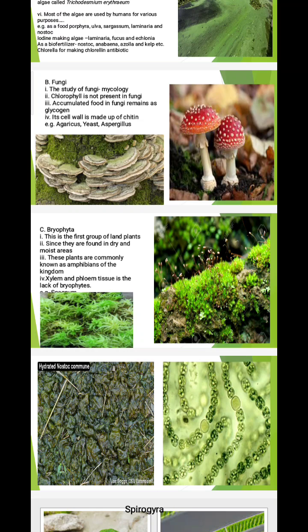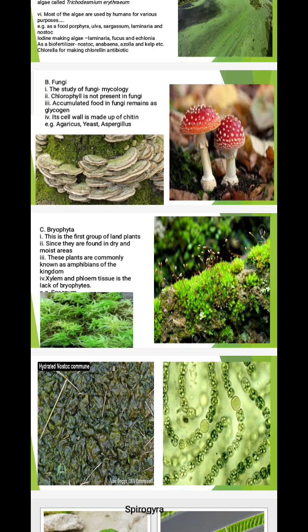This is also the first land plant, because you have to know these algae. The algae are found in water, and fungi grow on other organisms or other materials. So bryophyte is the first land plant. The xylem or conducting tissues are also absent.